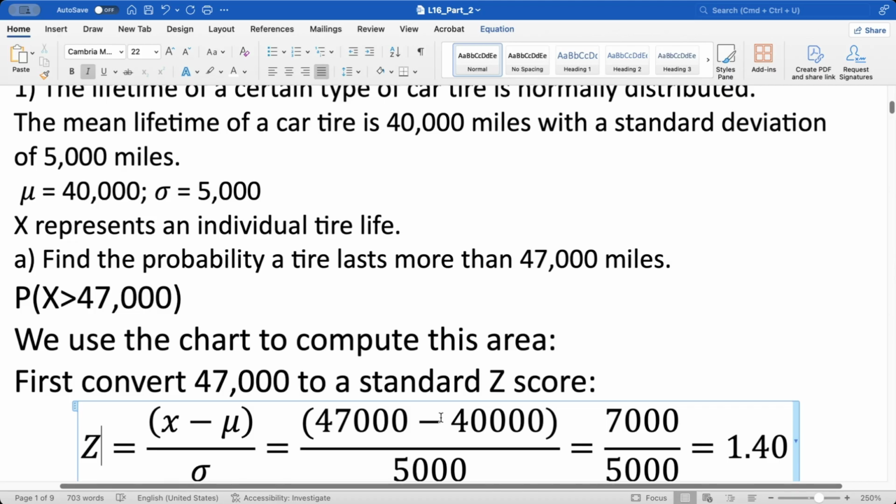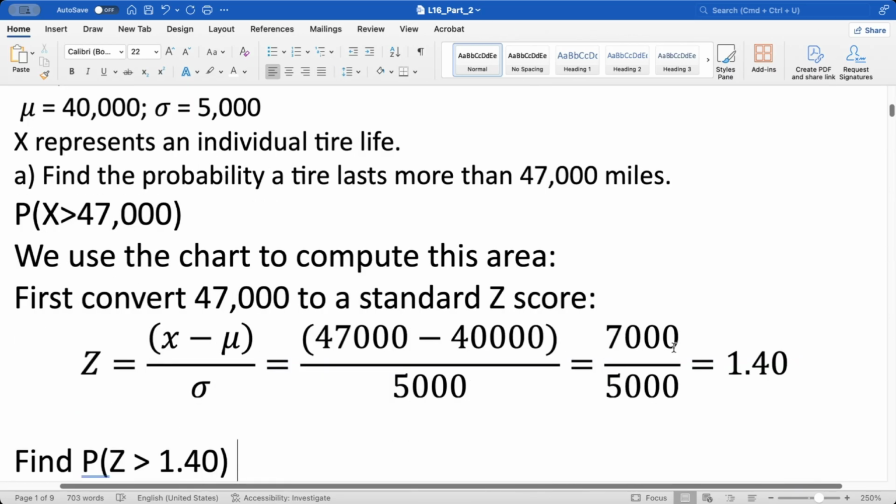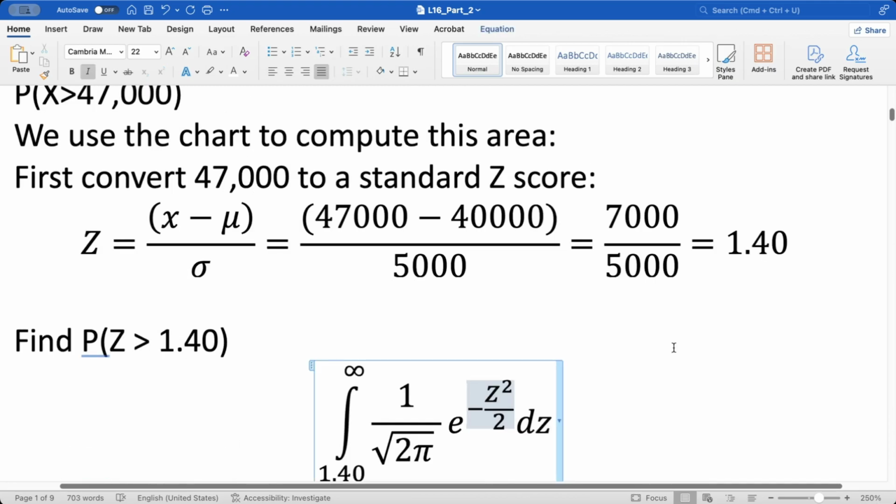That 1.40 is telling us that 47,000 is 1.4 standard deviations above the mean. If Z is negative, we're talking about something lower than the mean. So we want the probability that Z is greater than 1.40. And so that we can get using the chart.